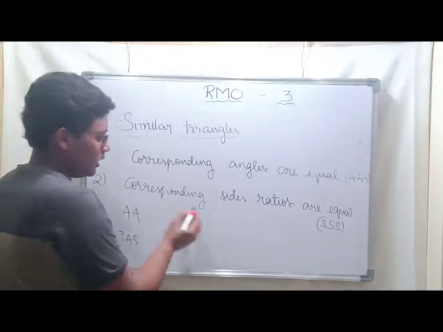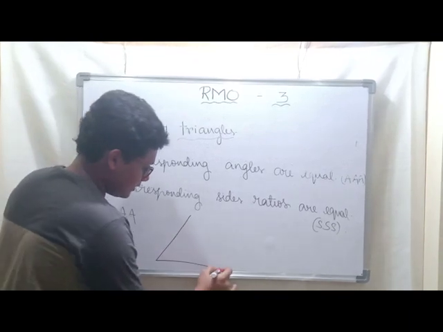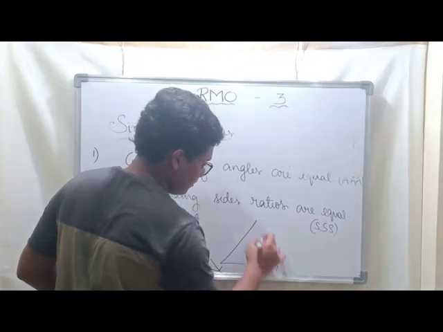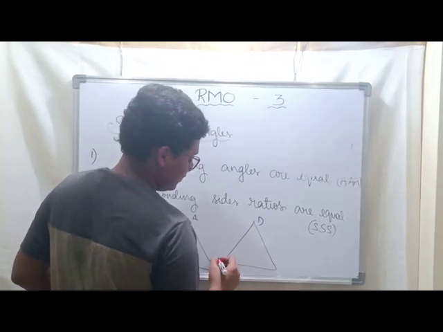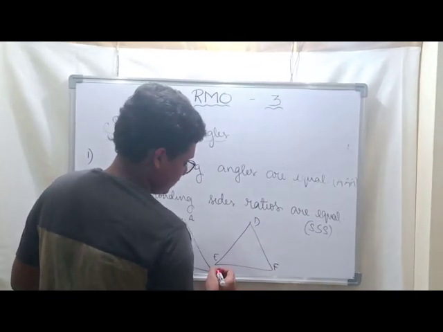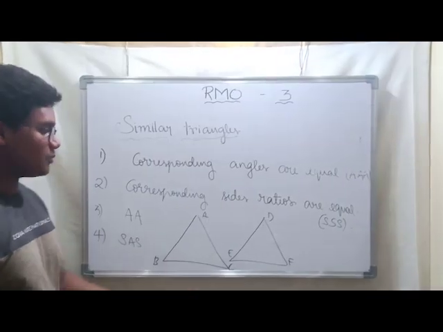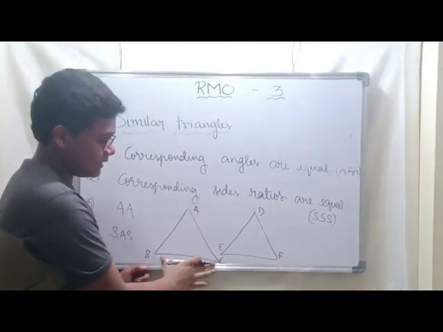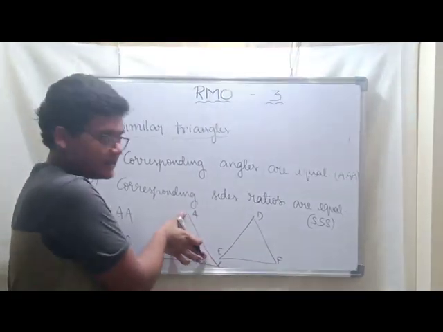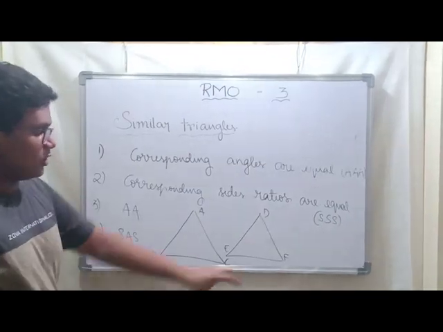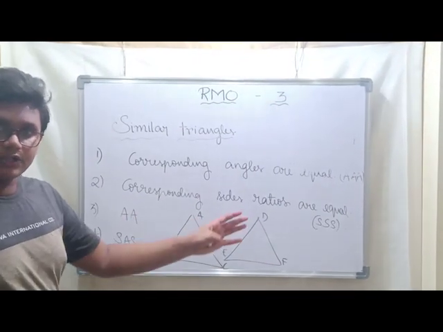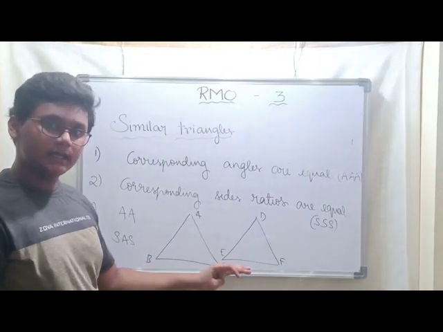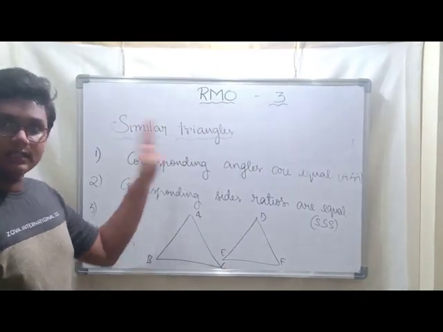If we take these two triangles ABC and DEF, the corresponding sides are AB and DE, BC and EF, and AC and DF. So the ratios of these corresponding sides should be equal. Then those two triangles are said to be similar triangles.